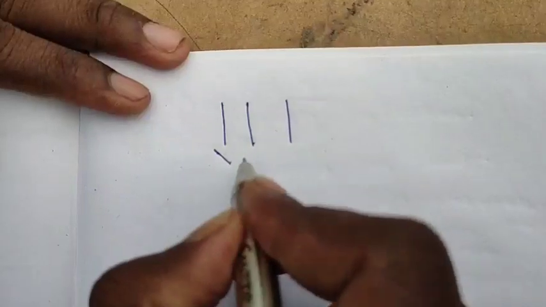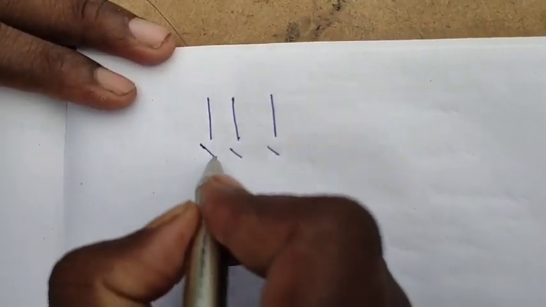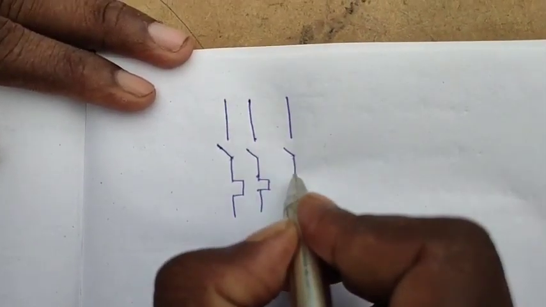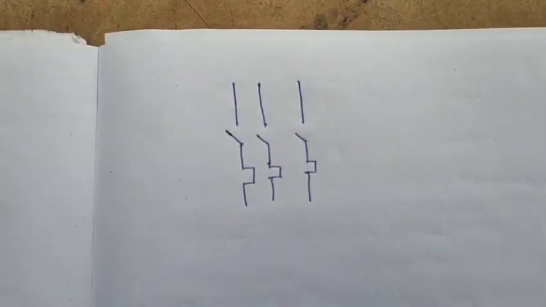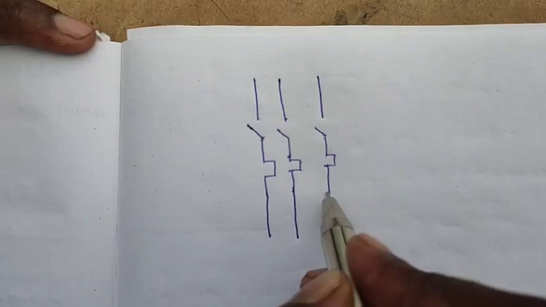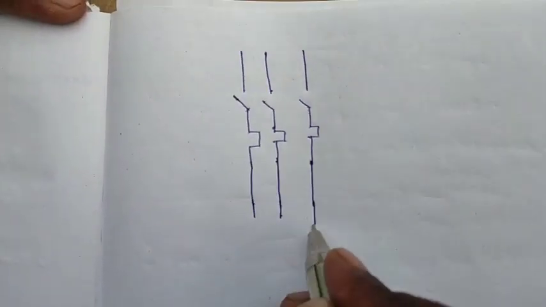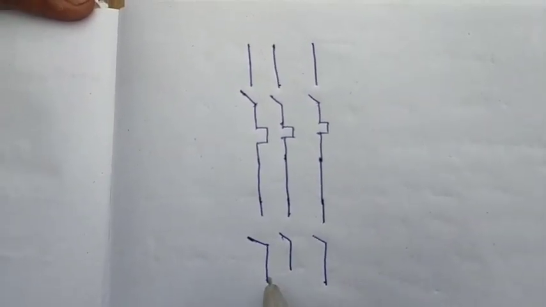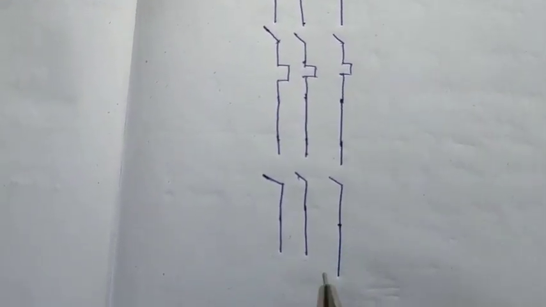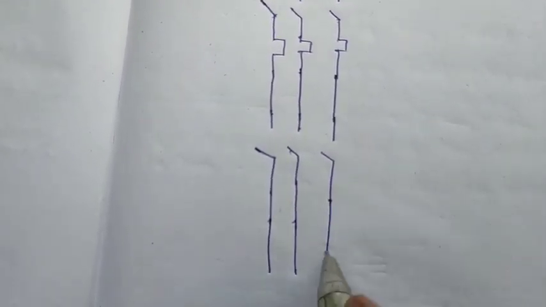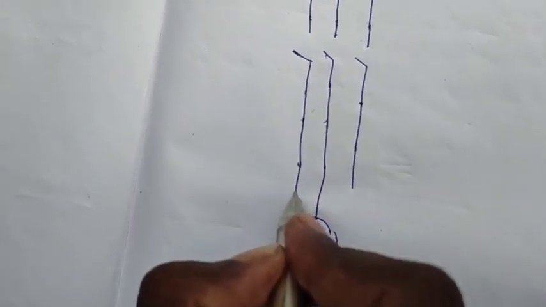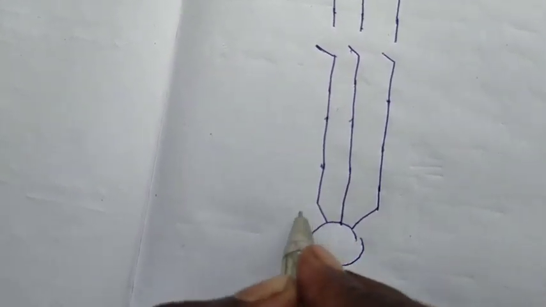After that, an MCB switch, and after that a fuse. 1, 2, 3 indicate the 3 phases.